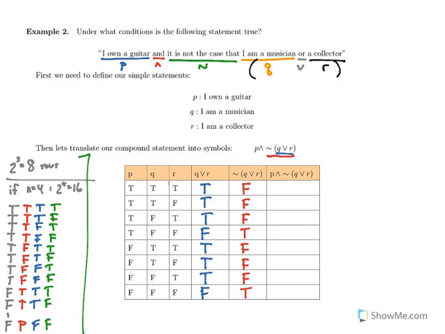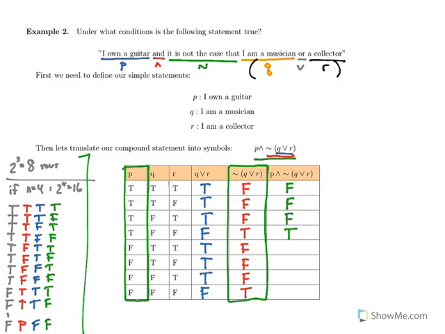And then we look at, finally, P and not (Q or R). So we're looking here at the first column and the last column here. And they both have to be true in order for that last column to be true. So we're going to have a false in the first row, the second row, and the third row.